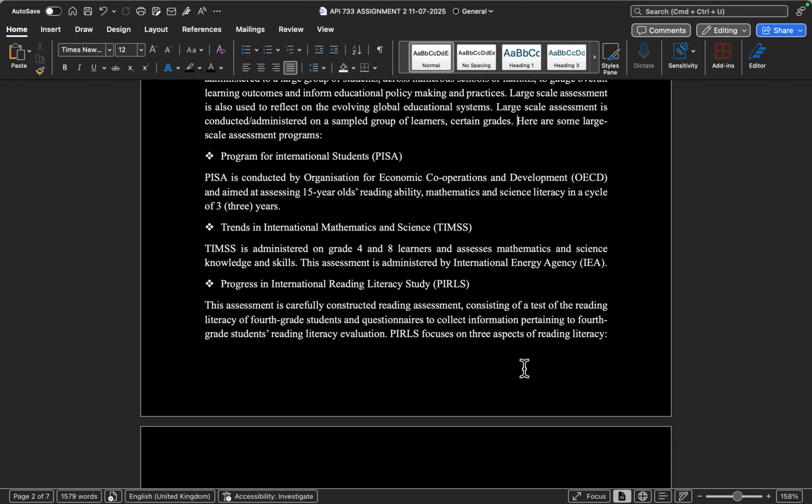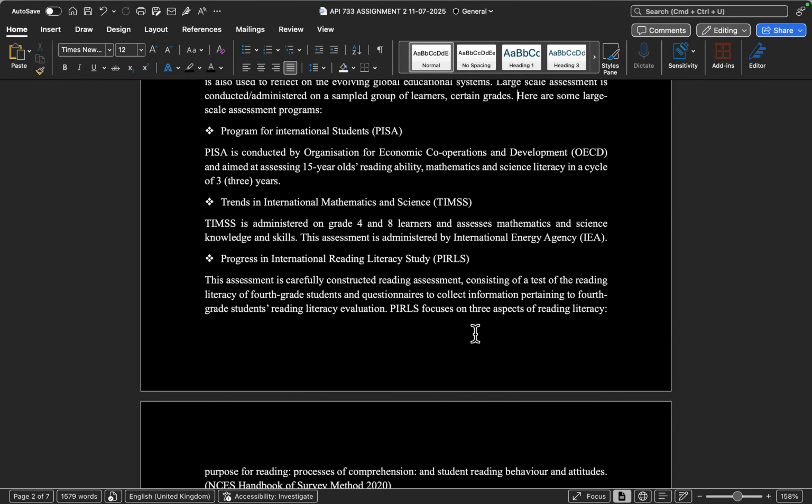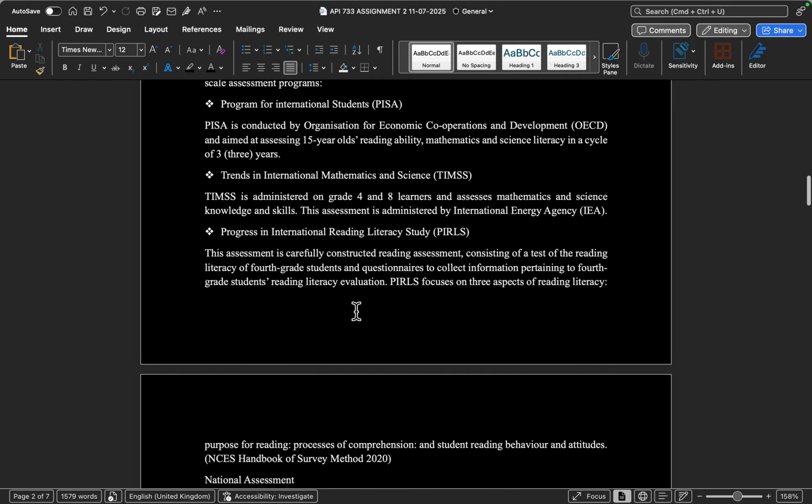This assessment is a carefully constructed reading assessment consisting of a test of the reading literacy of 4th grade students and questionnaires to collect information pertaining to 4th grade students' reading literacy evaluation.